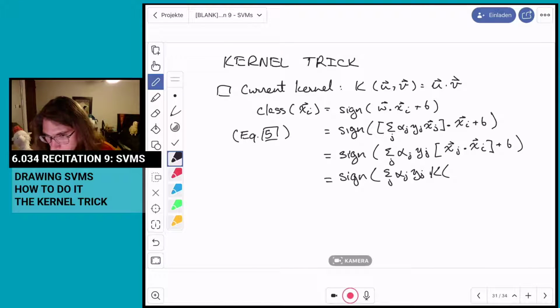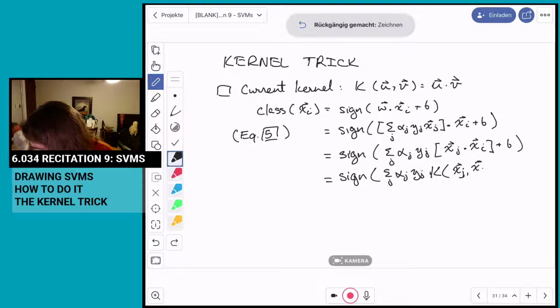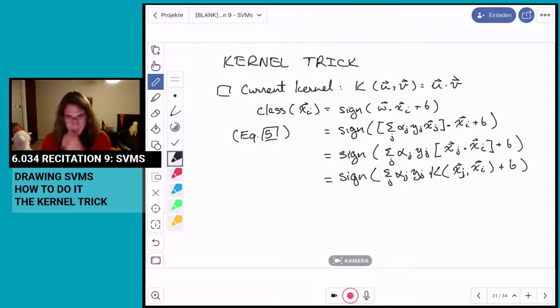The kernel of xj and xi, plus b. So let's take a closer look at what's happening here. And let me just rewrite this. Class of xi.